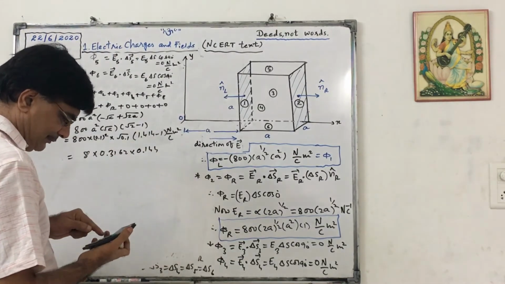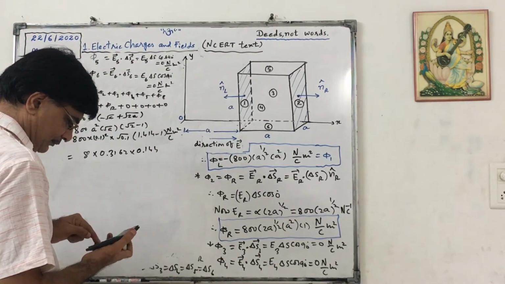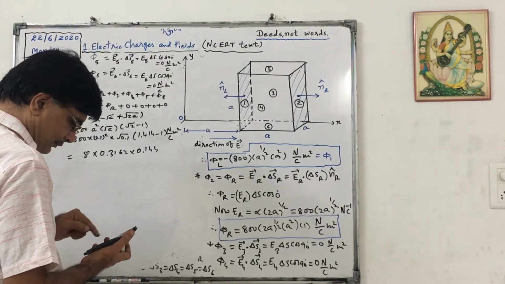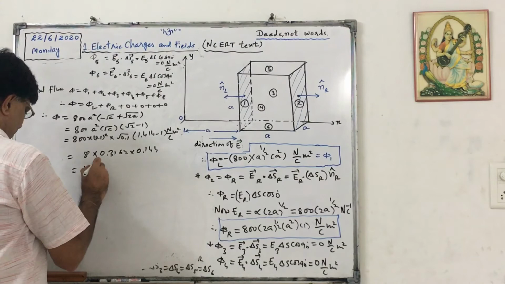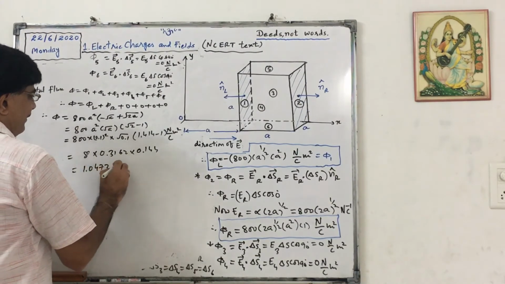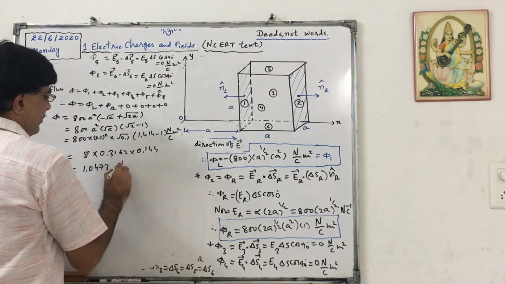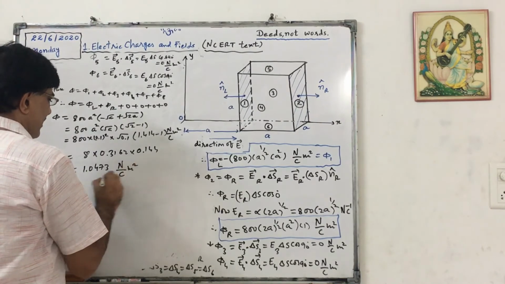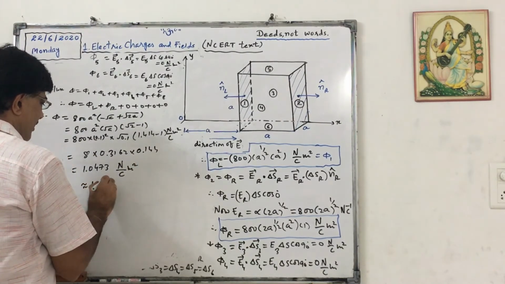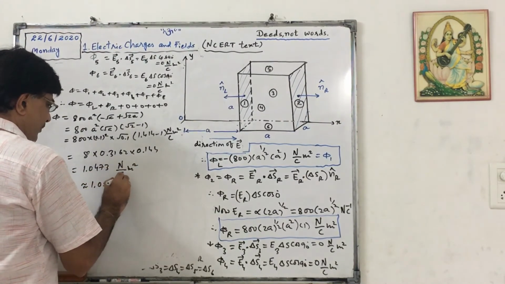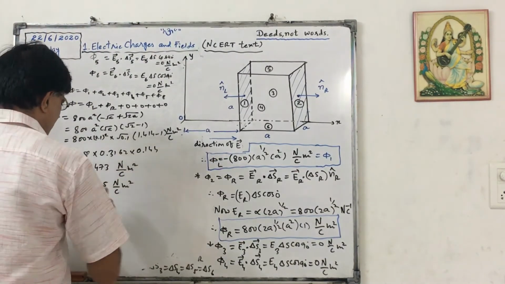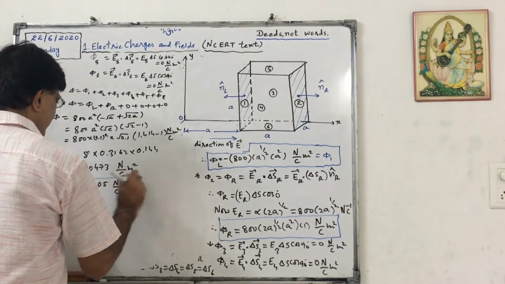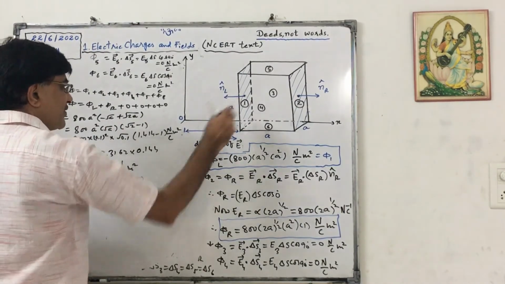Multiplying, it will be 1.0473 Newton per Coulomb into meter square, which can be taken as nearly equal to 1.05 Newton per Coulomb into meter square according to the text. So this is the flux linked with this cube.